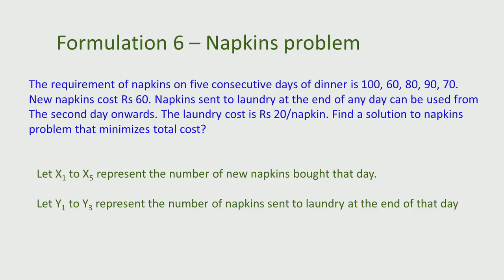So, we have 8 variables, 5 variables representing the new napkins for days 1 to 5, and 3 variables representing the number of napkins sent to the laundry at the end of days 1, 2 and 3. So, there are 8 variables in this formulation.